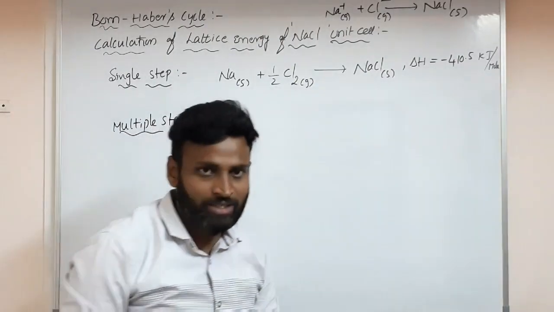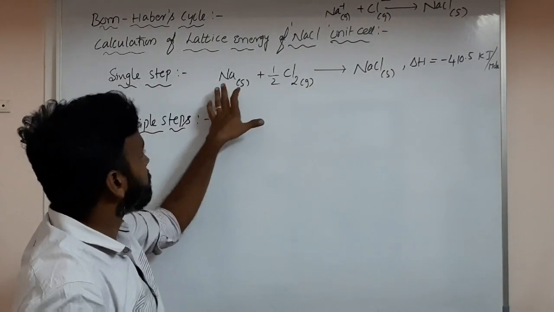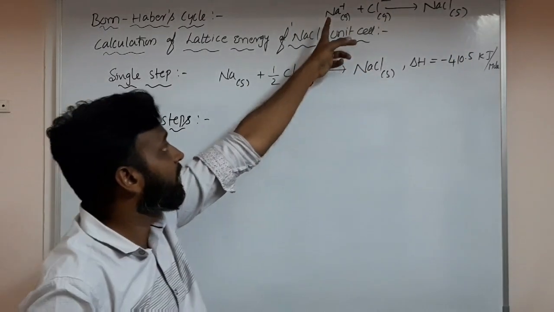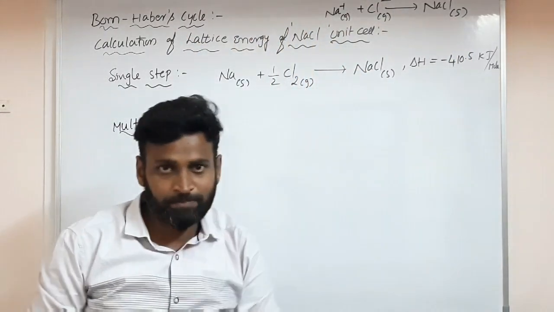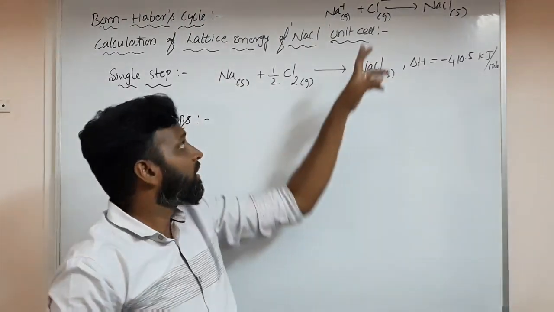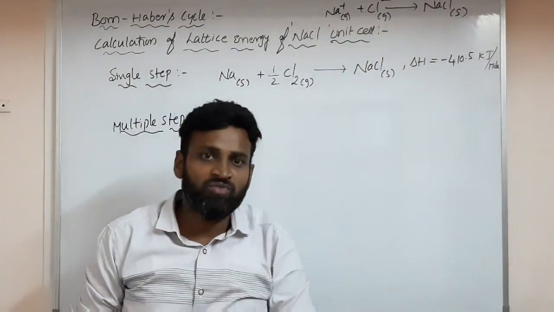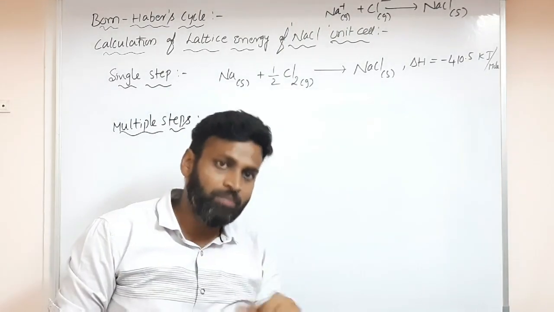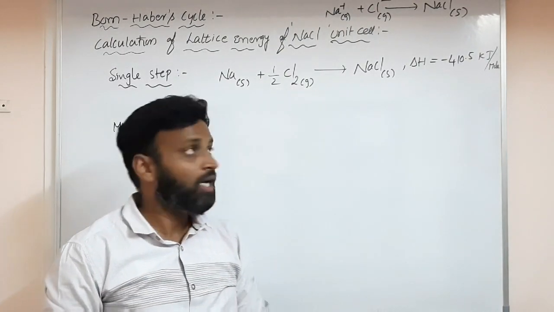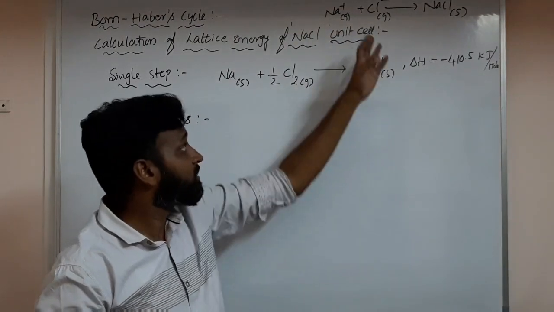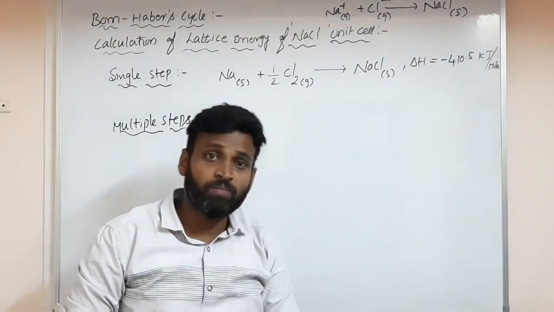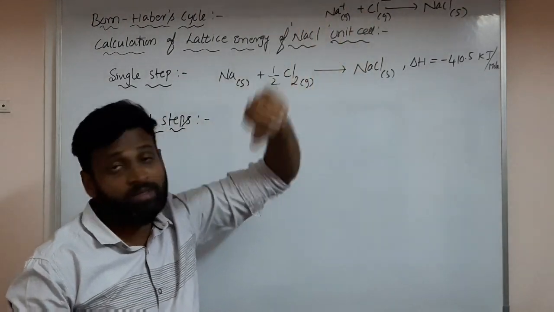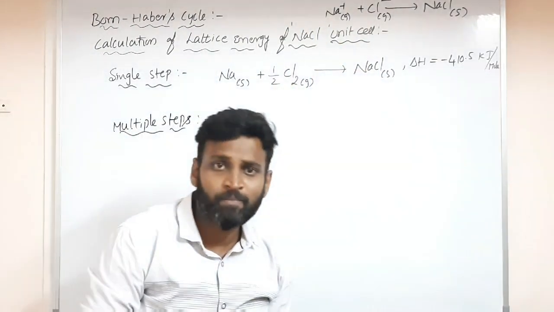This must happen actually. But when sodium metal is added to chlorine, it is a single step. What must happen is that Na+ must form first, and Cl- must form first. First what has to form? Na+, our hero, and Cl- must form. So first the hero must be ready, and the heroine must be ready next, Cl-.